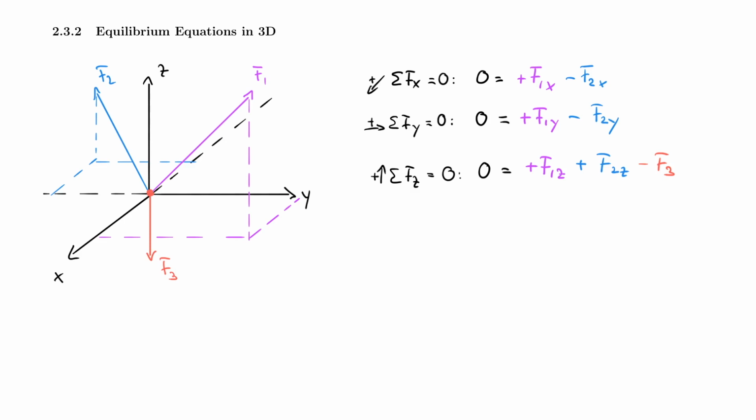In fact, let's, for that force, write down that here we have F1x, and here we have F1z, and here we have F1y. And of course, I know that they point in these directions. Otherwise, they could not move from this point to this point.